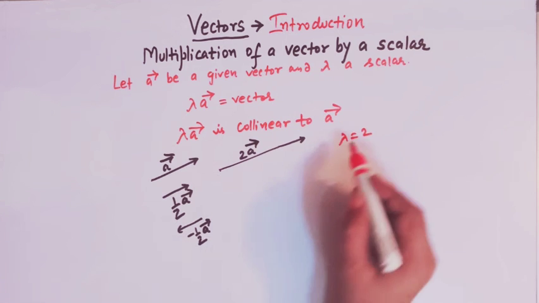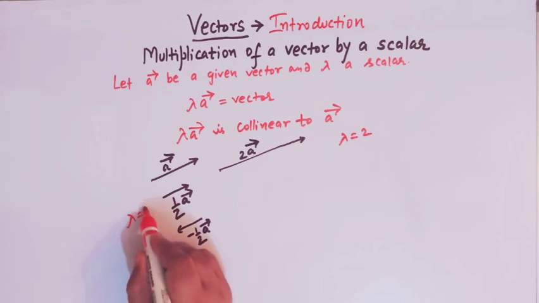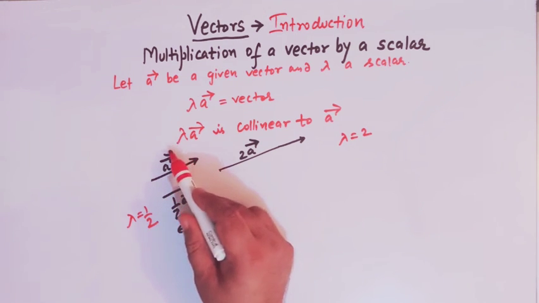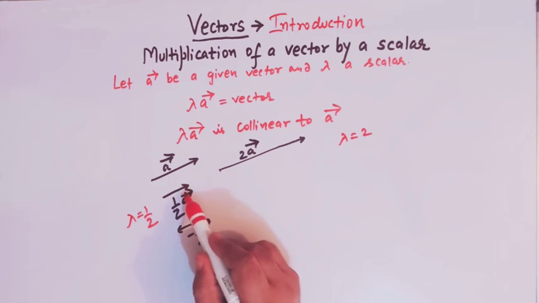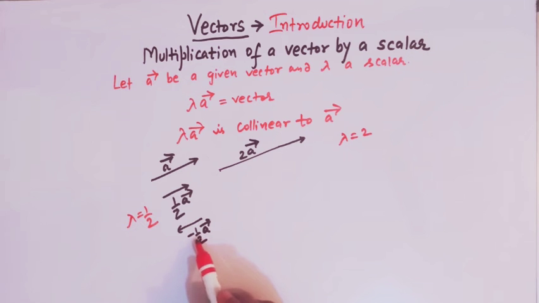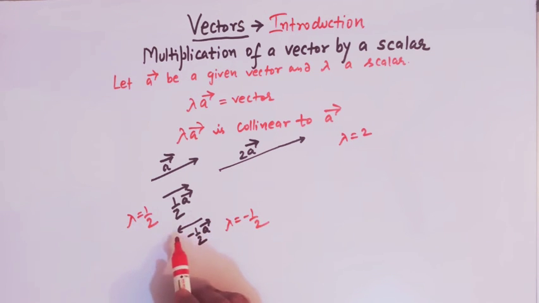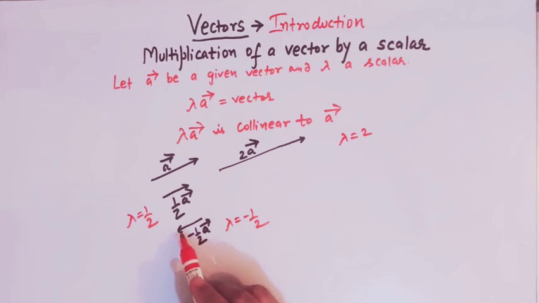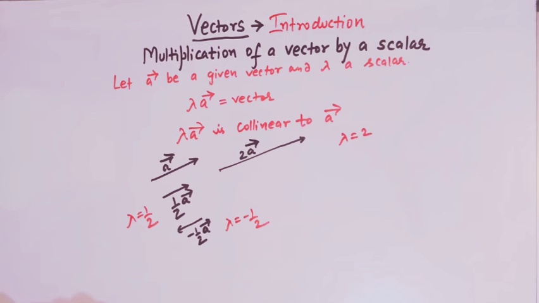So here lambda is equal to 2. Now here we have taken lambda equal to half, so the length of this vector becomes half the length of this vector, but the direction remains the same, right? And here see lambda is equal to minus half, and the length of this vector becomes half the length of this vector, but the direction becomes opposite to the direction of this vector, right?